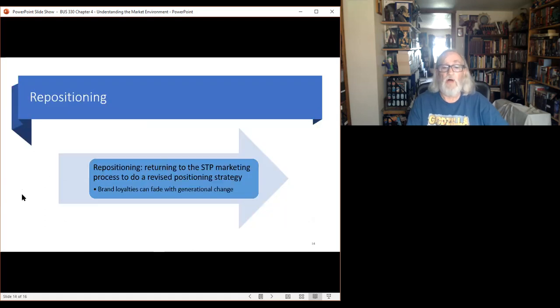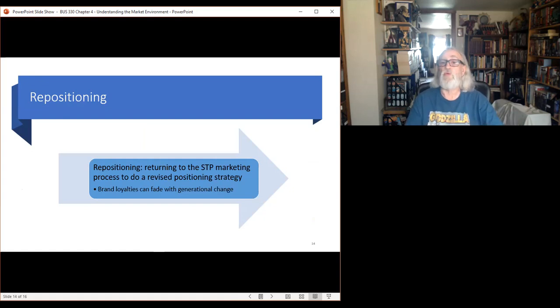And every so often, we do get to a point where we feel stale, that maybe our market growth has flattened out, maybe sales have leveled off, maybe we're maintaining, but we aren't growing and we don't seem to be moving ahead. If your company or organization gets to that point, you could end up doing a marketing campaign where the theme is repositioning.